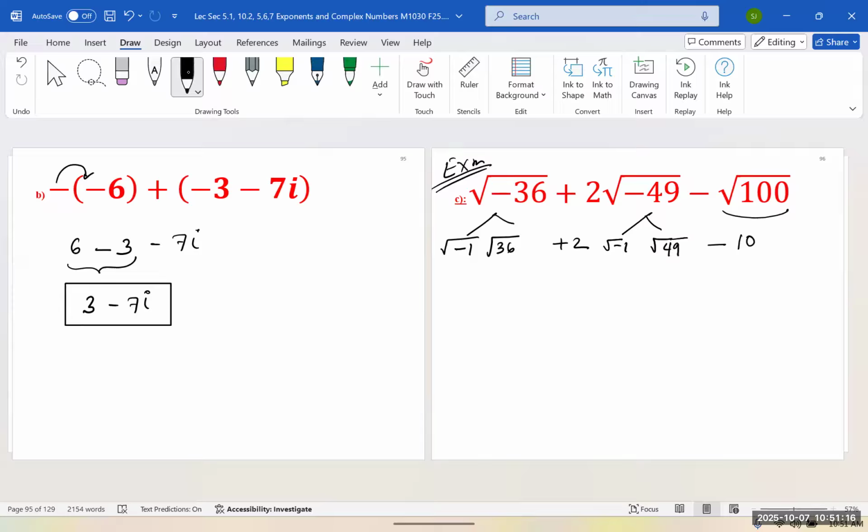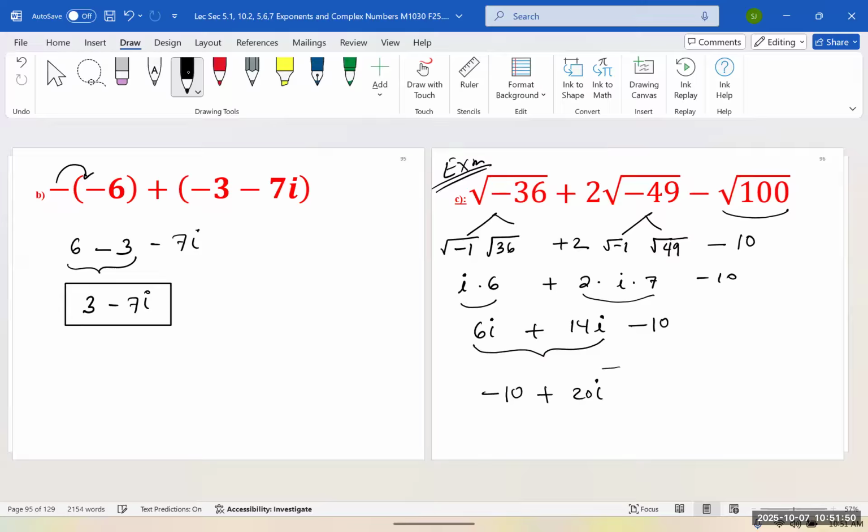And now what do we have? i and 6. And then here 2i. And now what do you write? 6i plus 14i. 10 doesn't have any i. And then it becomes -10 in the correct order. -10 plus 20i.